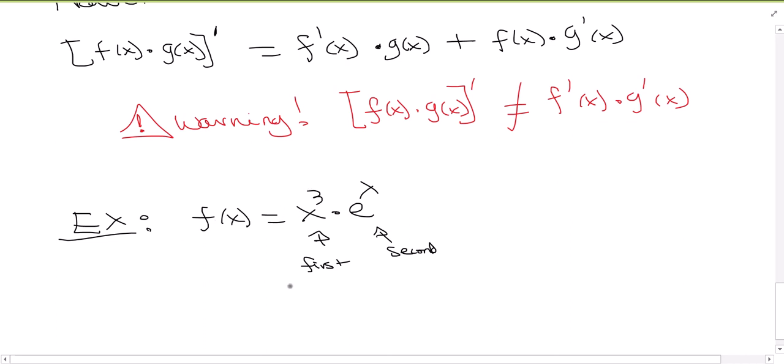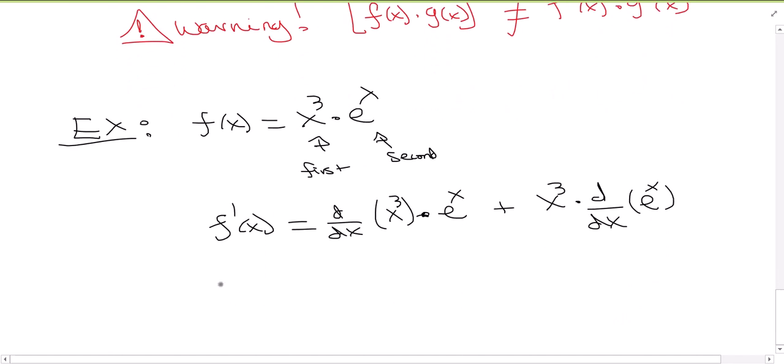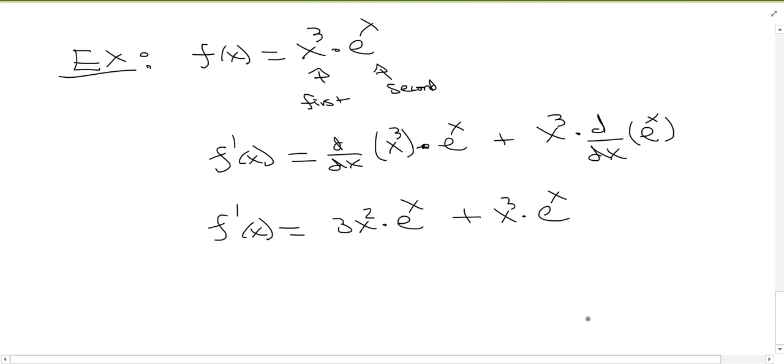So the derivative is the derivative of the first, d dx of x cubed, times the second left alone, and then plus the first left alone times the derivative of the second. And so now I can write it out. The derivative of x cubed is 3x squared times e to the x, plus x cubed left alone times the derivative of e to the x, which is just e to the x itself.